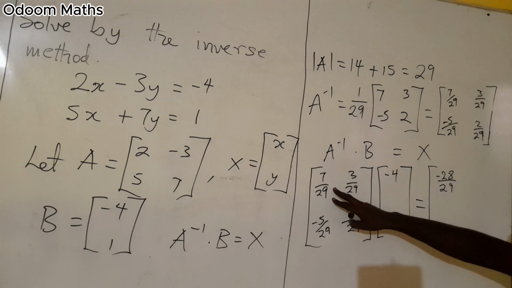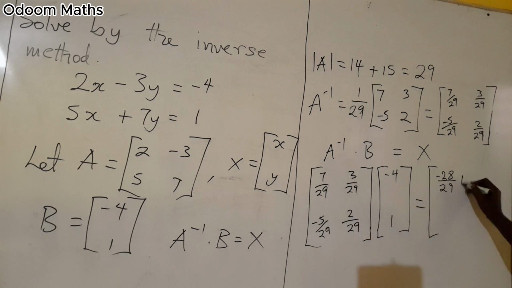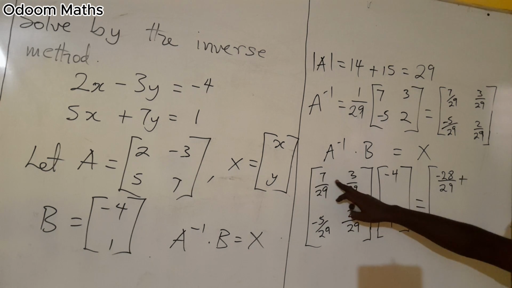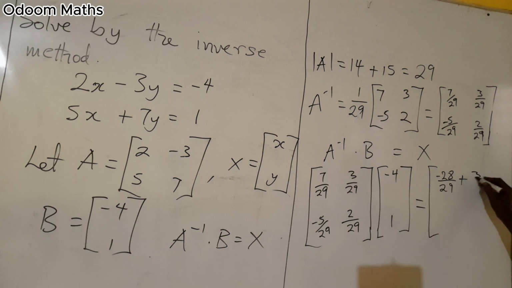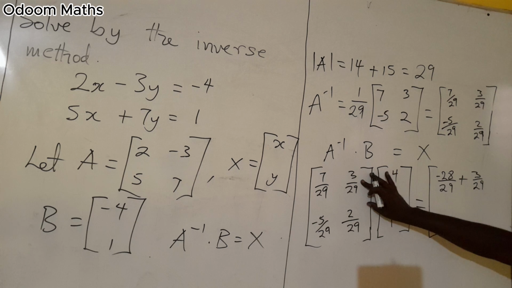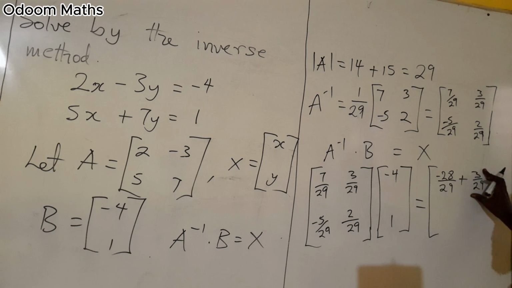Then plus 3 over 29 times 1. So 3 over 29 times 1 is 3 over 29.